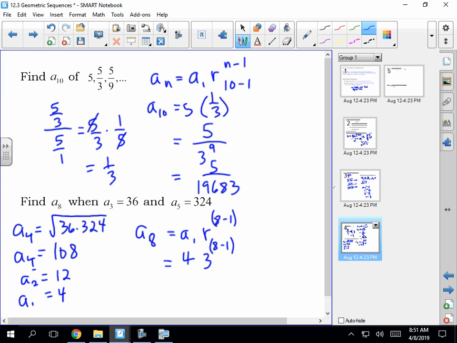So then I can put the 4 in. So, you know, algebraically or by using a pattern, somehow you need to find your a sub 1 and your common ratio. And then that ends up equaling 8,748.